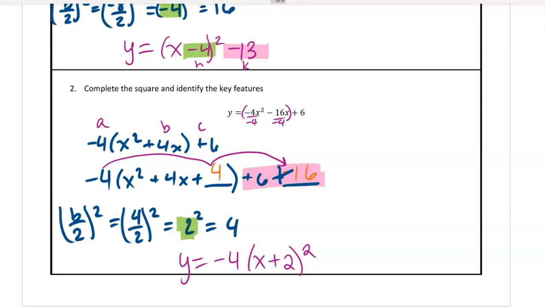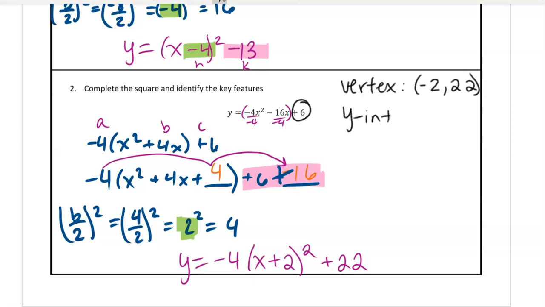So 6 plus 16, that is 22. So our vertex here is -2, 22, and our y-intercept comes from that c value, 6.